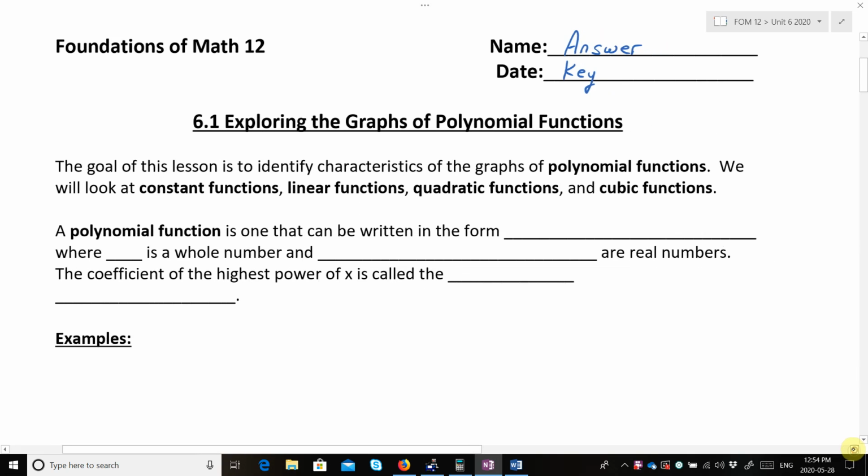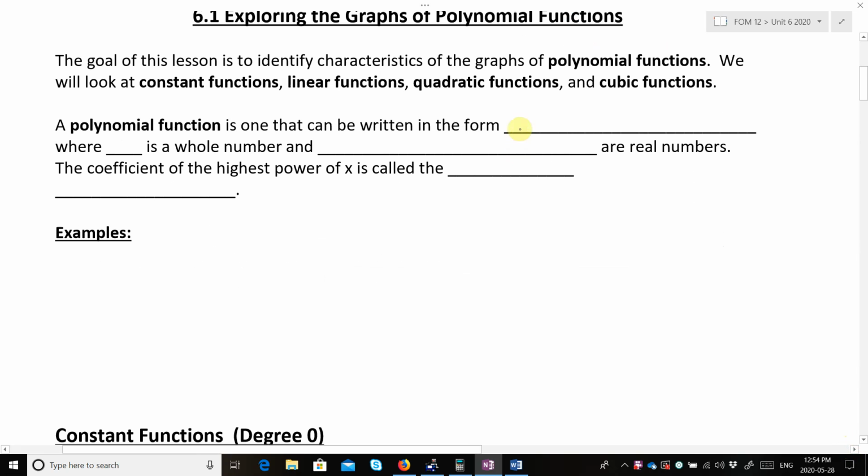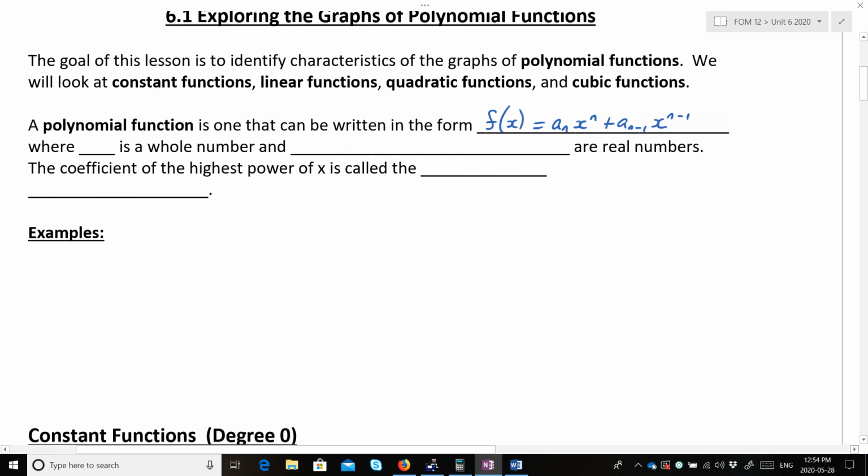In general, guys, a polynomial function is one that can be written in the form f of x is equal to a subscript n times x to the n plus a subscript n minus 1 times x to the n minus 1. I know this formula looks a little complicated, but we'll see in the examples it's not too bad.